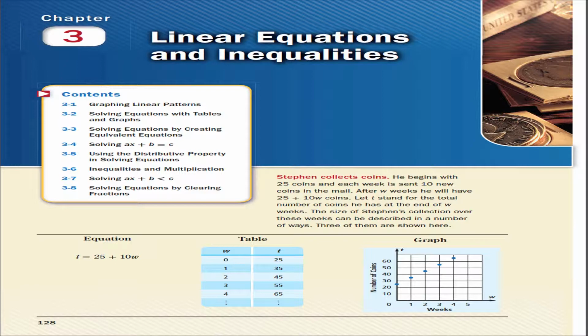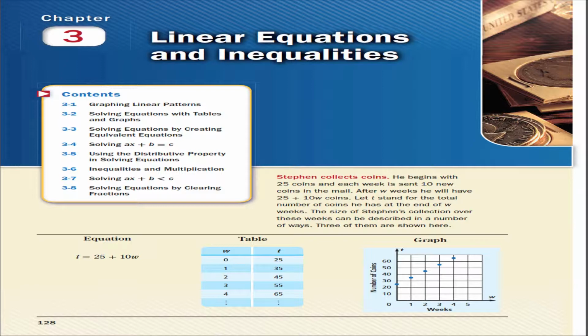The chapter opener discusses Stephen's coin collection, and it describes for you how he collects coins. From that description, we can create a set of descriptors, if you will, that will tell us what is going on with his collection.